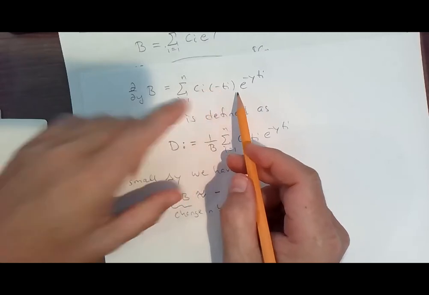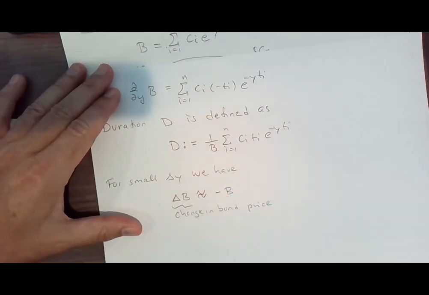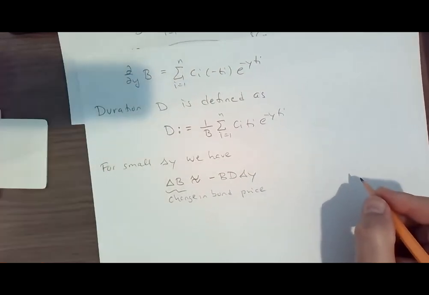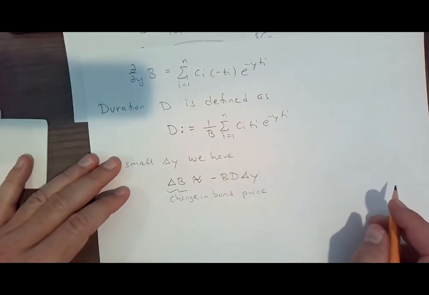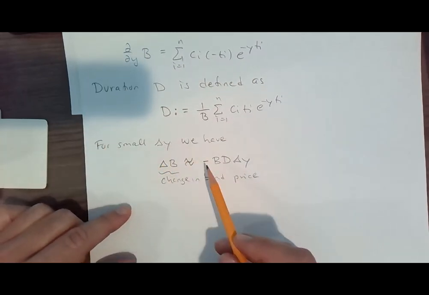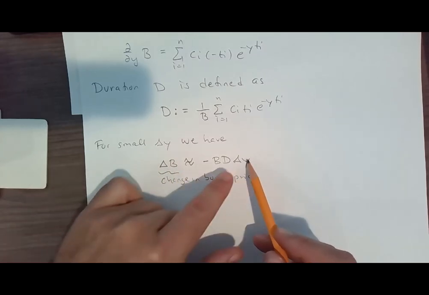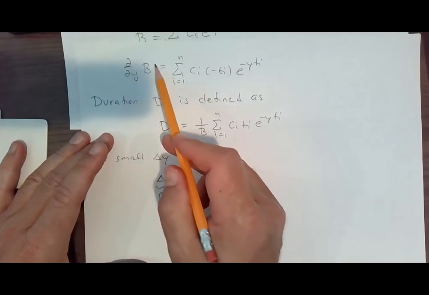Because there's a minus sign up there. The minus sign is not here. So this will be minus B D delta y. So for small changes in the yield, the change in the bond price is proportional to the change in the yield. And this is coming from this derivative.